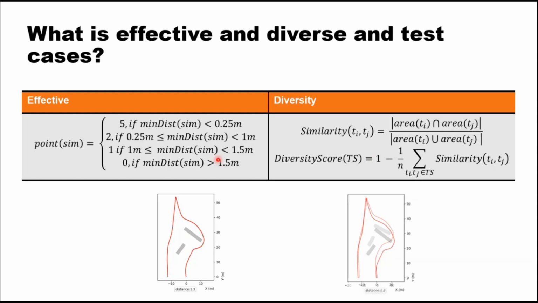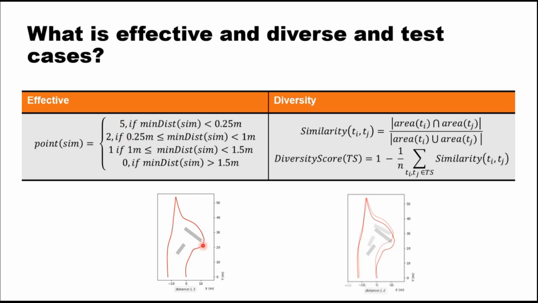Okay, what do we mean by effective and diverse? Here there are a little bit of equations, but they are intuitive. The effectiveness of a test case is measured by how close a UAV flies to an obstacle. In this test case on the left-hand side, you can see the path taken by the UAV during a test execution, and the minimum distance was 1.3 meters, perhaps at this point here, and this is the marking criteria.